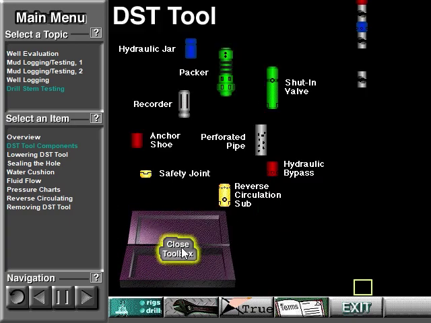Let's see if you can build a DST tool from the bottom up. Here are the labeled parts of the DST.